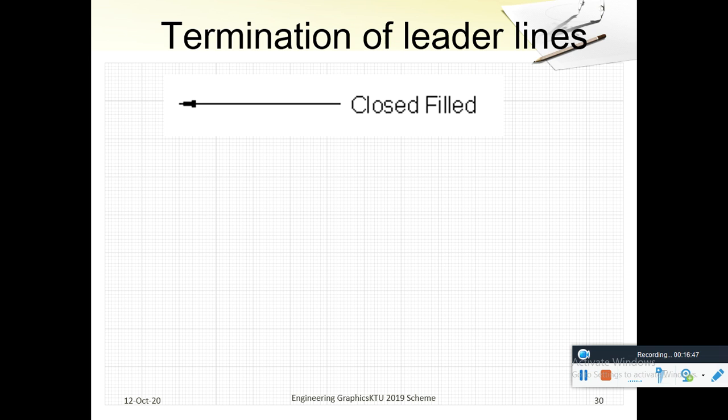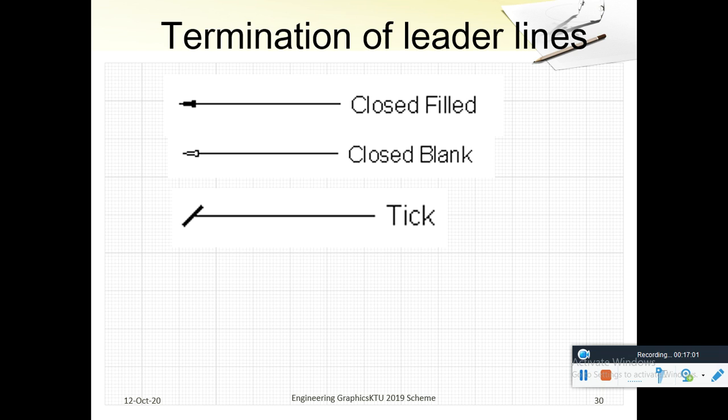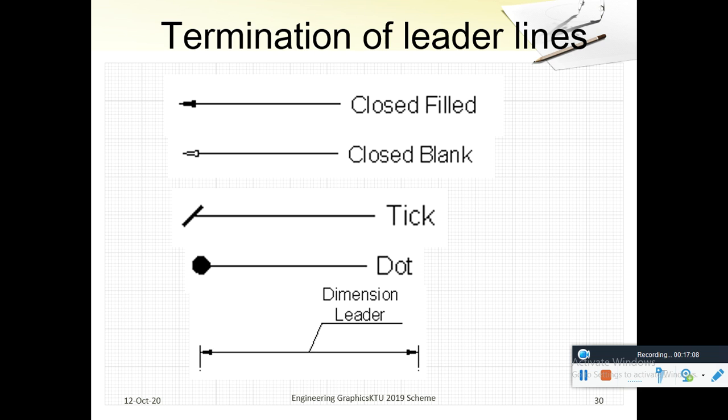Termination of leader lines, so arrowheads, different types. It is a closed end type, closed but blank type, a tick at the ends, a dot at its end, and dimension leader or dimension line.